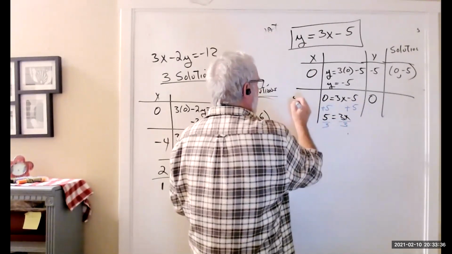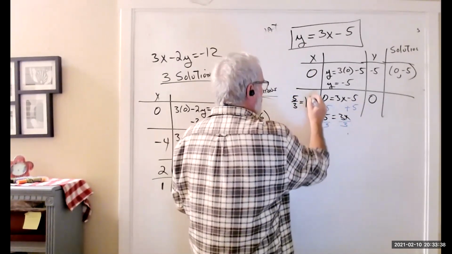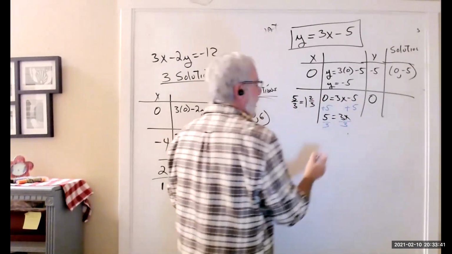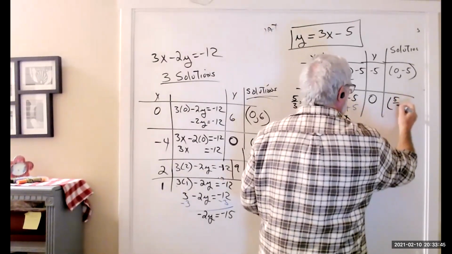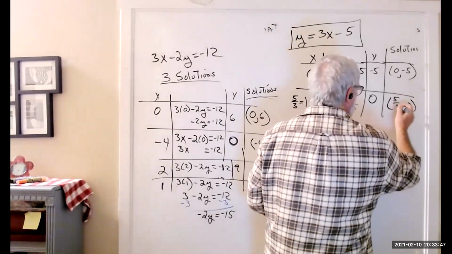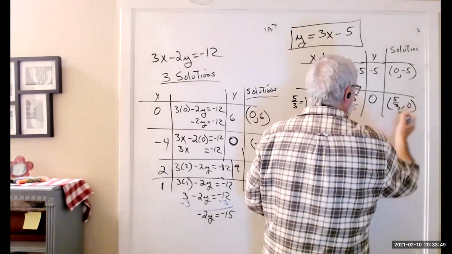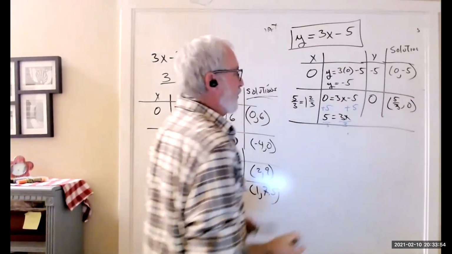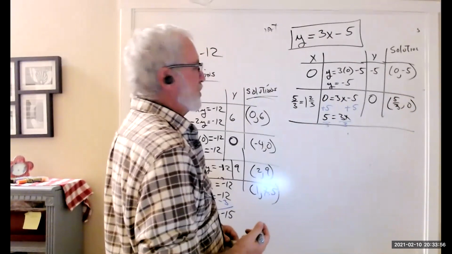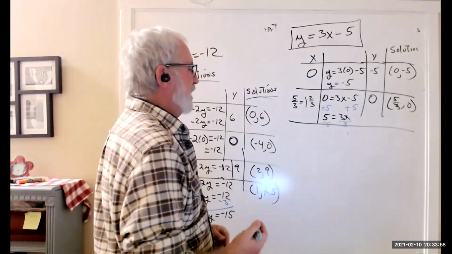And I get 5/3, which is also 1 2/3. I don't care how you write it, it doesn't matter to me. But a solution is 5/3, comma 0. Okay. So there's an answer, although it got me fractions, and so I'm kind of lazy. I don't like that.